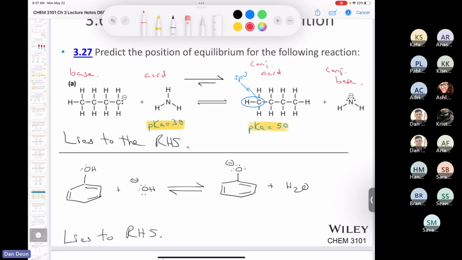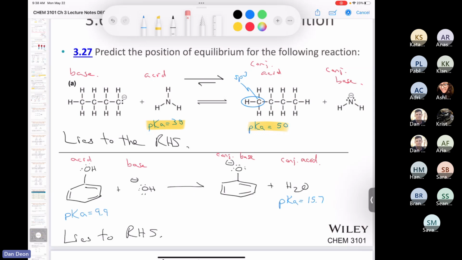If we label our acid, this is our acid, this is our base, this is our conjugate base, and this is our conjugate acid. If we look at the pKa of our acid, phenol has a pKa of around 9.9, and water has a pKa of around 15.7, and therefore water is the weaker acid, and so the equilibrium is going to lie to the right-hand side.